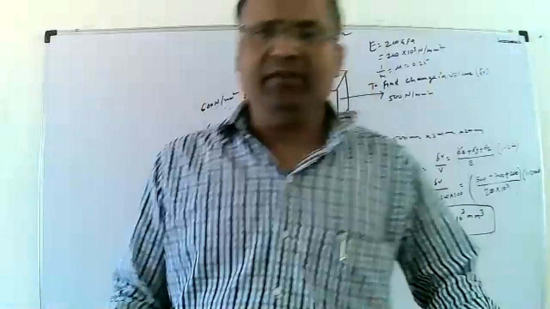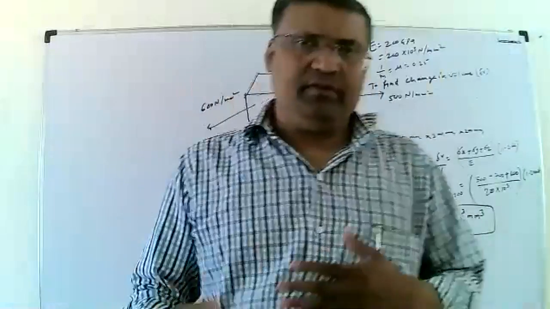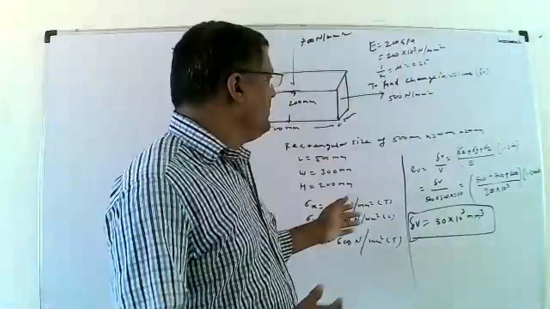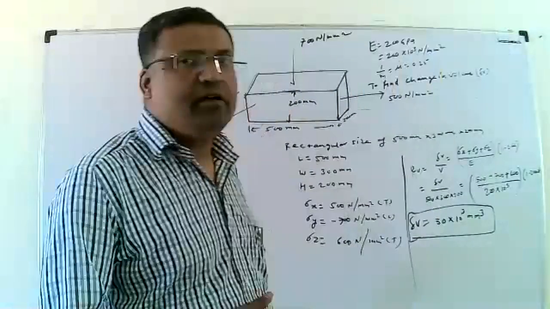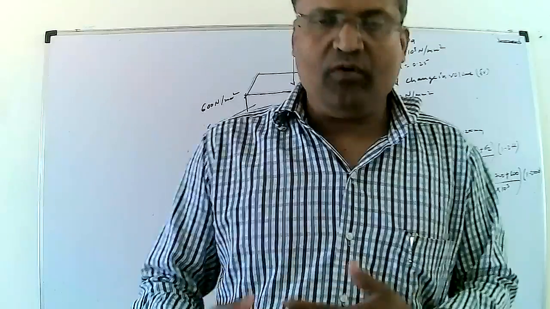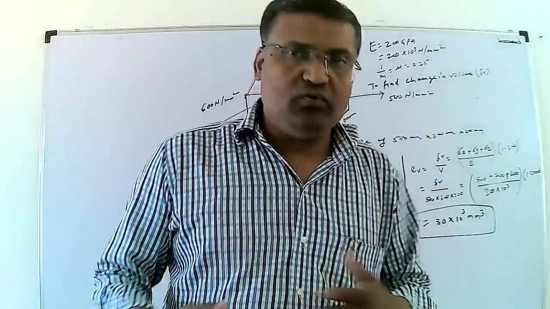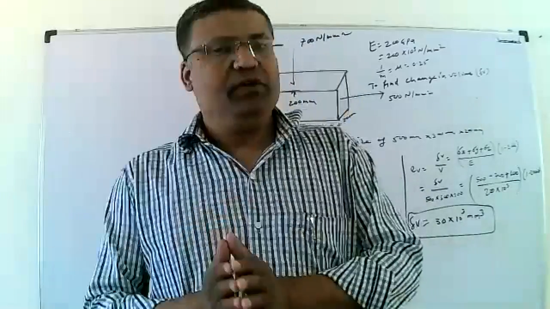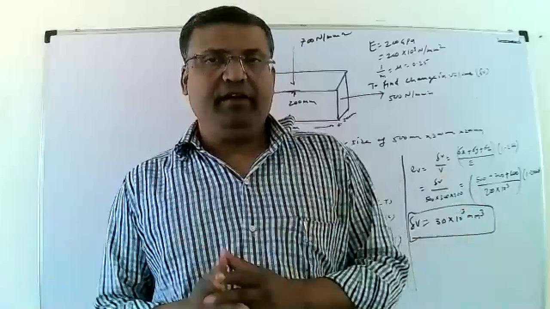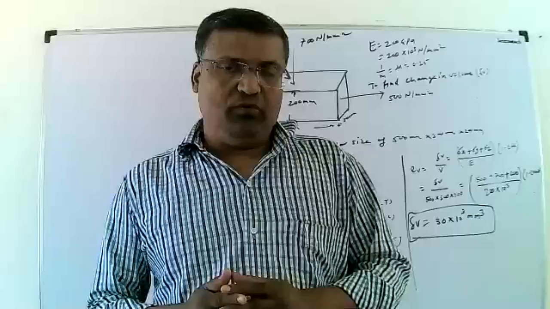In the same way, we can find many more examples based on the same concept to obtain the change in volume. According to the volumetric strain formula, you can directly obtain the change in volume.